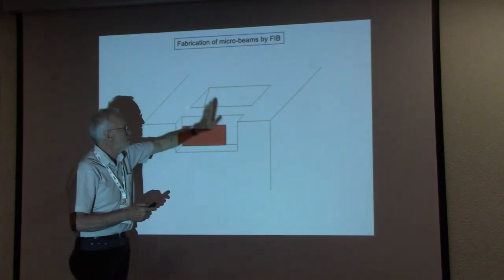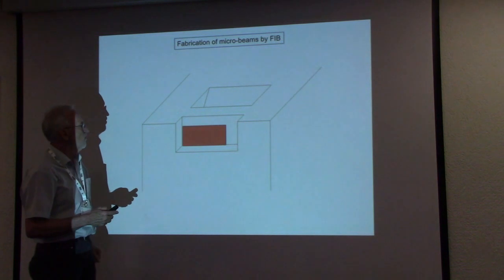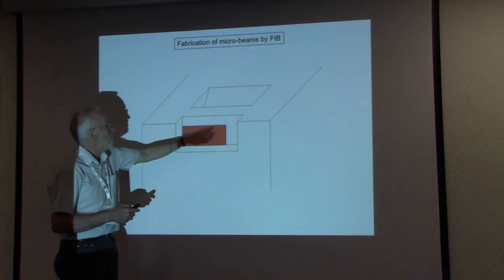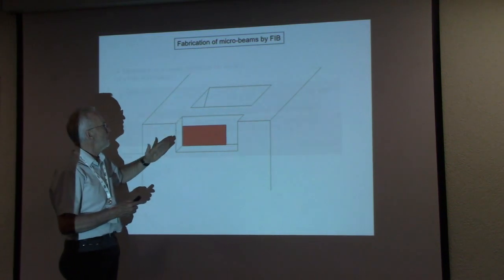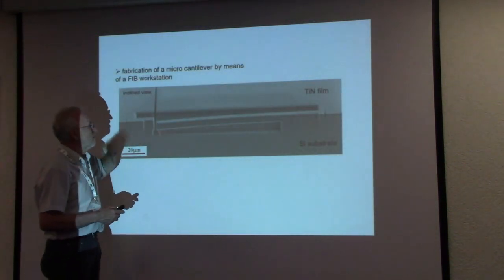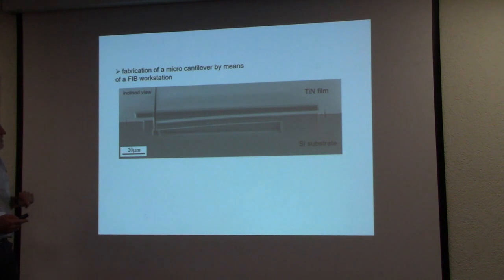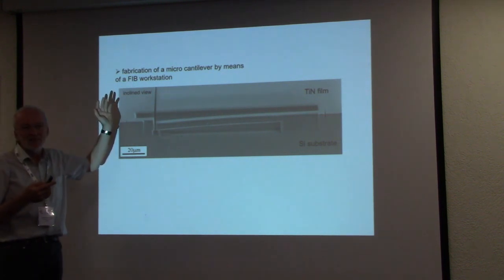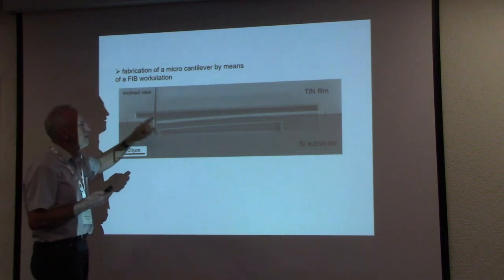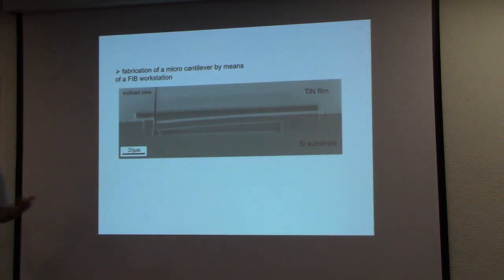Then we have here a small wall, and then we have removed this material, and then we remove this part of the material. And when we have a residual stress in the film, the beam will be bent. From the bending of this film, we could determine the mean stress in the film. That's also simple mechanics.